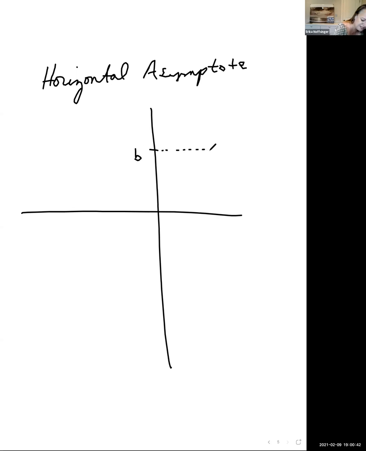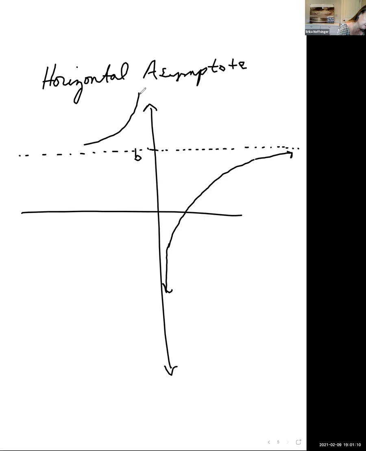So I'm going to denote that by a dotted line again, a horizontal dotted line that goes through b. And so what's happening here is as x goes to infinity, your graph is going to start hugging this horizontal line. I might have something like this. So we have a horizontal asymptote at y equals b in this case.